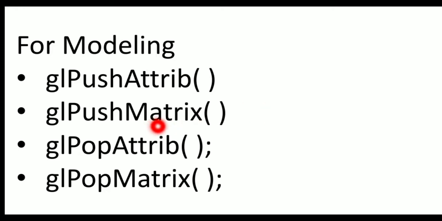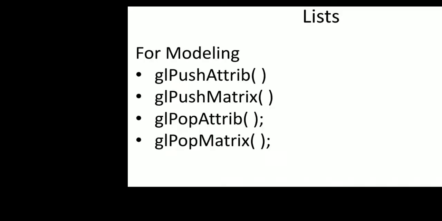When you want to define a particular object and its transformations, you do it with the help of push matrix and pop matrix functions. Whatever is defined between push and pop will be applied to the latest object. The same thing applies to the attributes of the object: within push attribute and pop attribute, whatever statements you put with respect to the attributes will be applied to the latest object.